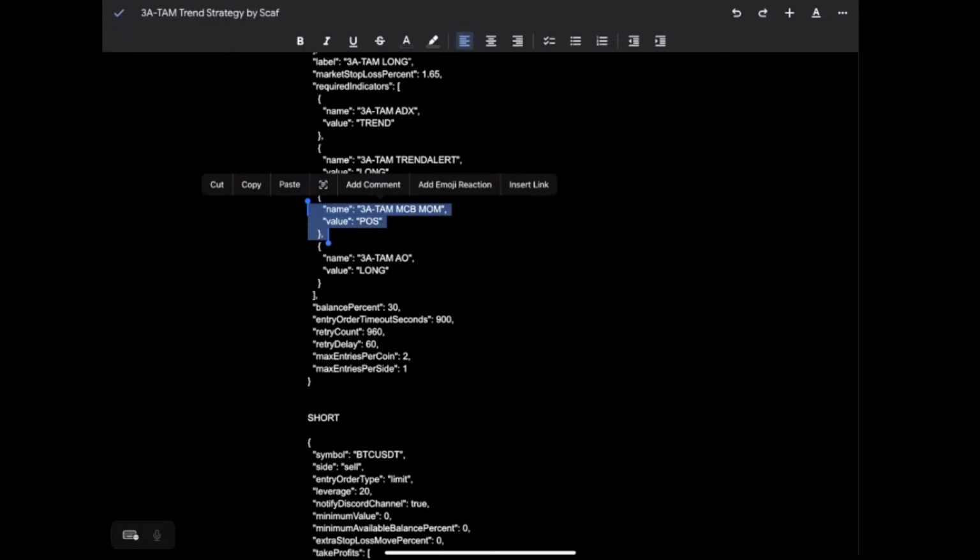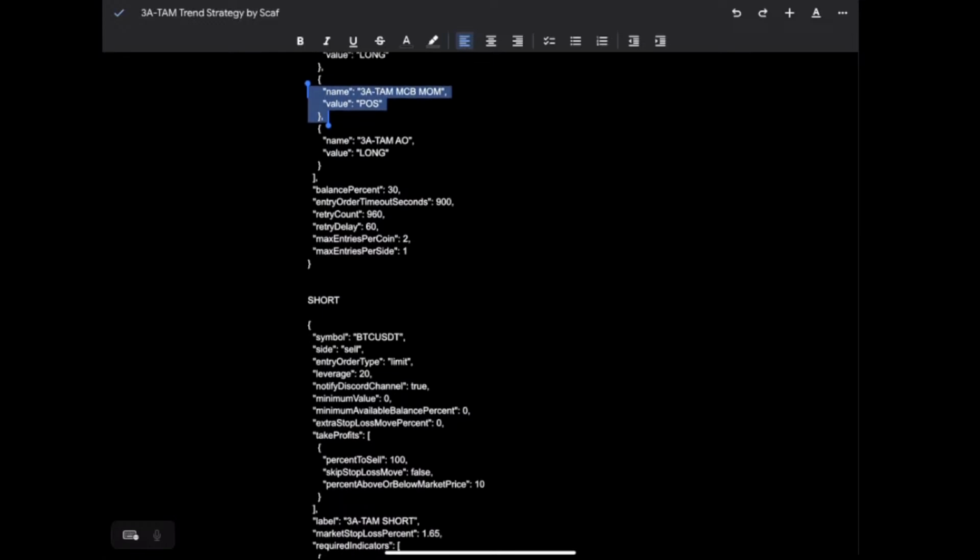What's going to make that turn positive is either the light blue wave is above a certain threshold or the dark blue wave is above a threshold. So I actually have two confirmations that can turn that value positive.